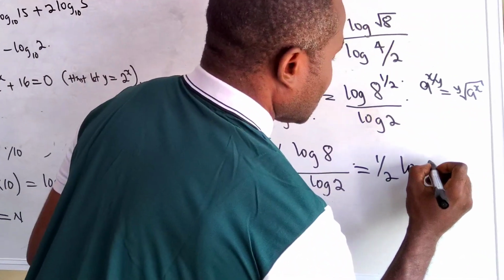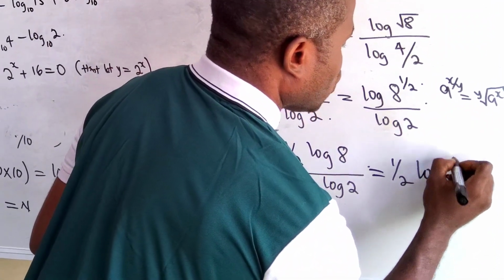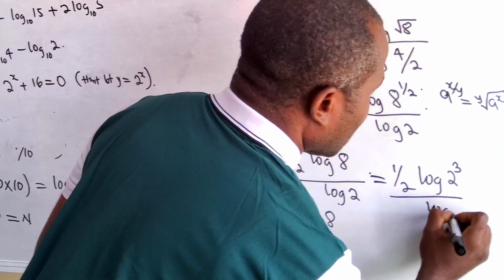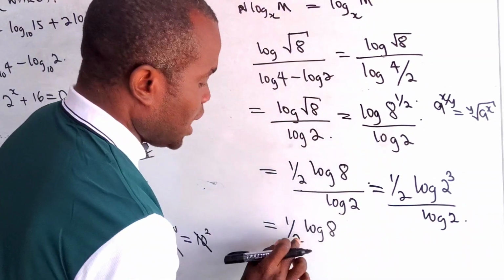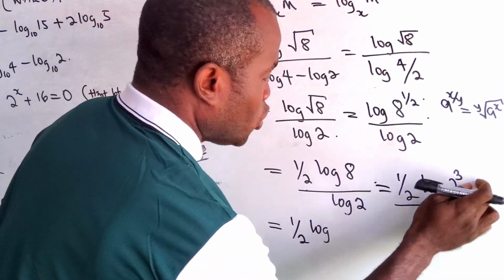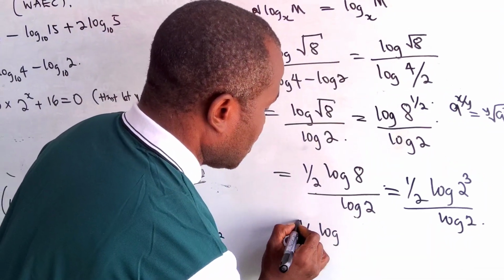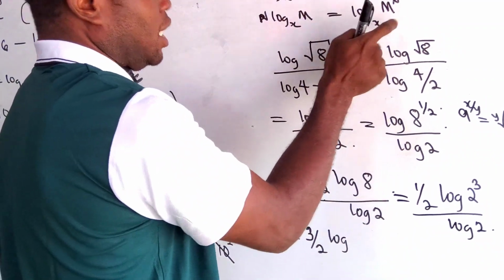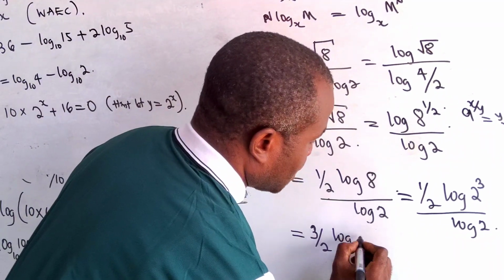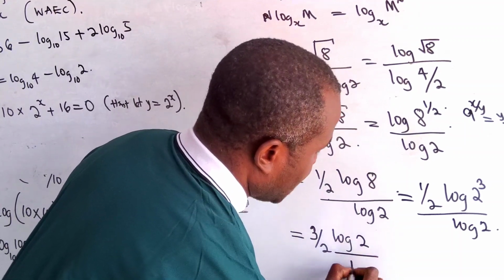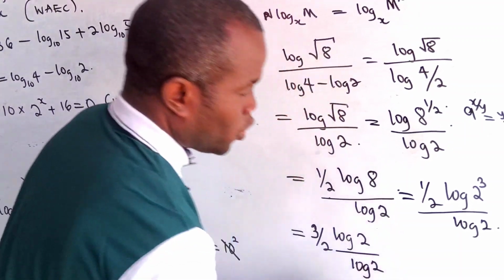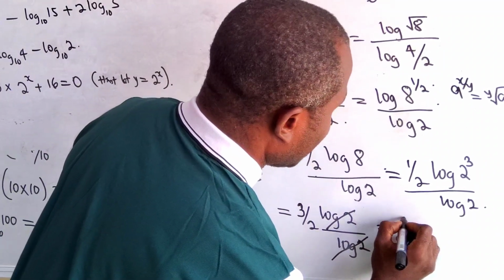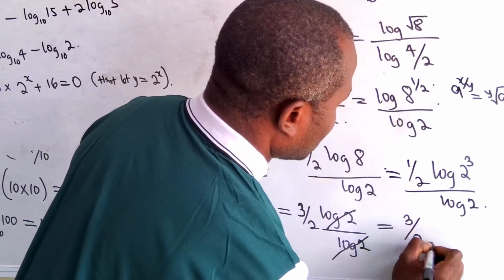So you say this is the same thing as 2 raised to power 3, all over log 2. Now, what we do, bring this 3 here, applying this very law. So this is log 2 all over log 2, and this simply cancels out. So you have your answer as 3 over 2.